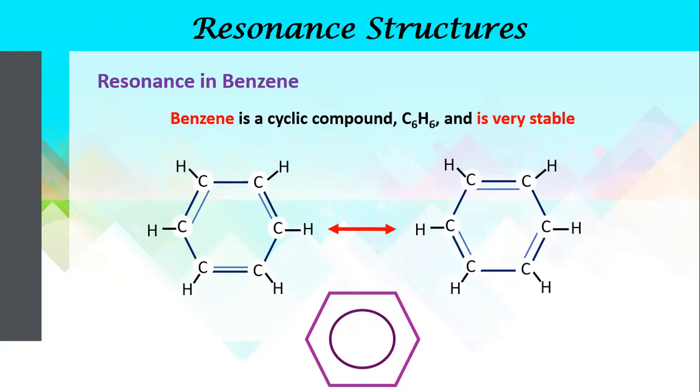There are also other compounds containing this ring structure, and they are called aromatic compounds, which we will discuss after the midterms. So this is the combination of these two resonance structures.